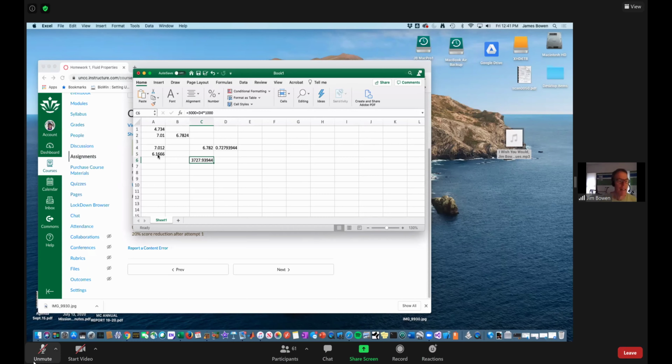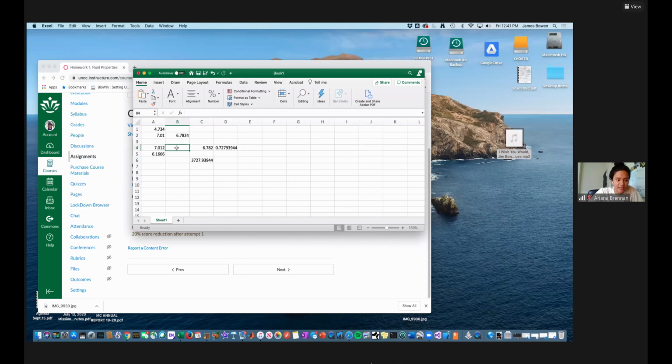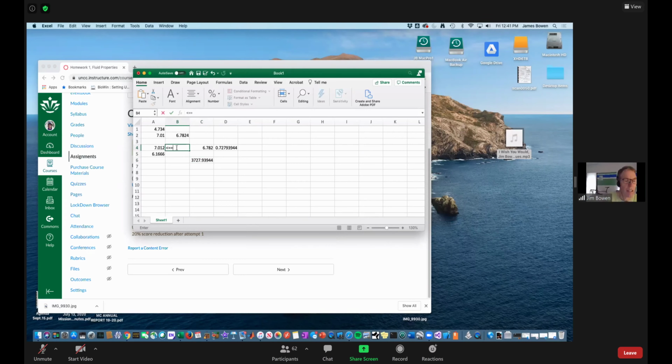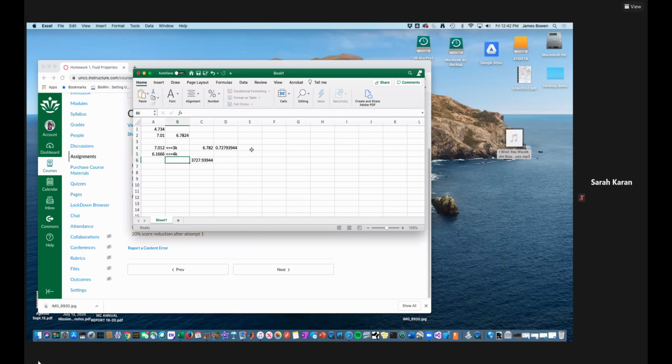Okay, yes, it is just me punching away on an Excel spreadsheet here. It didn't work. I also have the 89, and it didn't work for mine either.